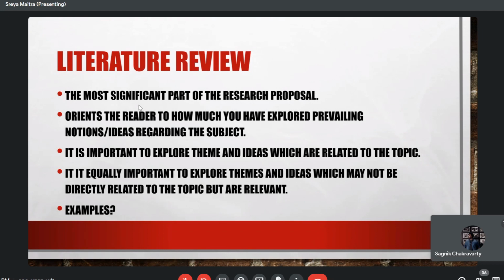I know this for sure that when a PhD dissertation or an MPhil dissertation goes to an examiner, or even a journal paper, the first thing the person sees is the citations, the section on literature review, because that immediately orients the reader to how much you have already explored the prevailing notions and ideas regarding the subject.